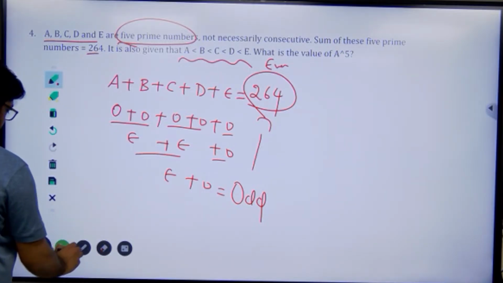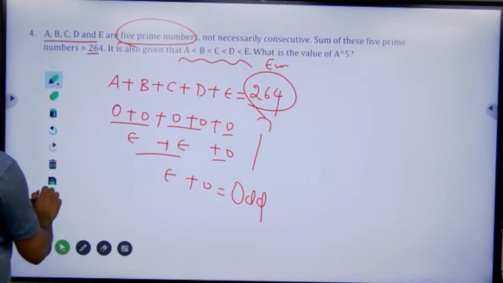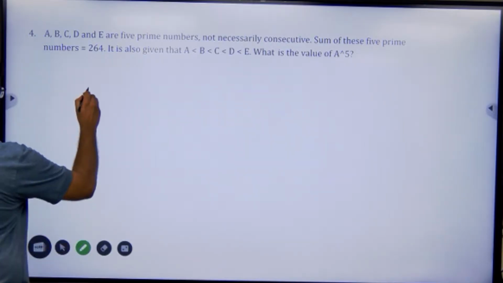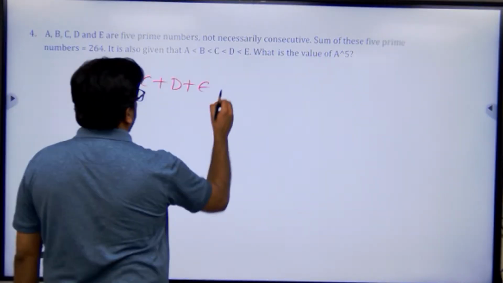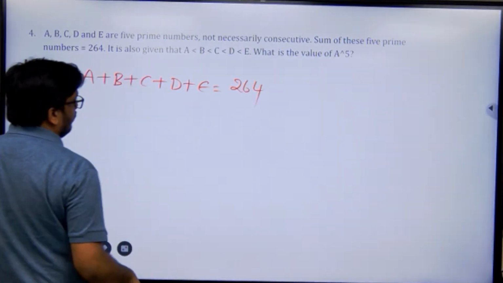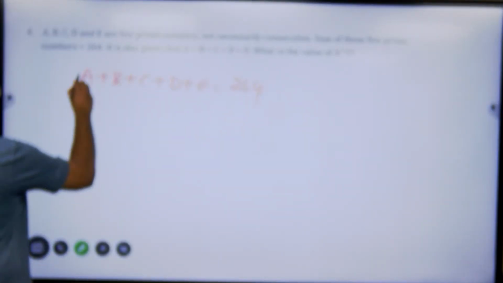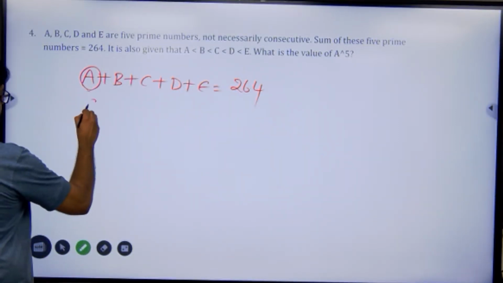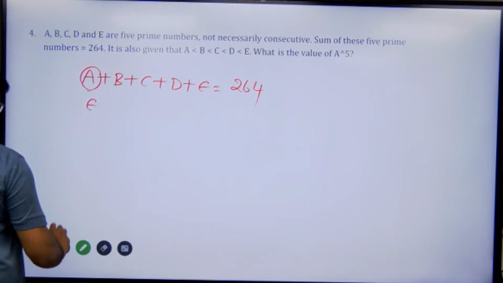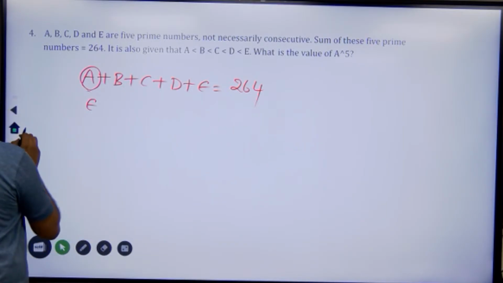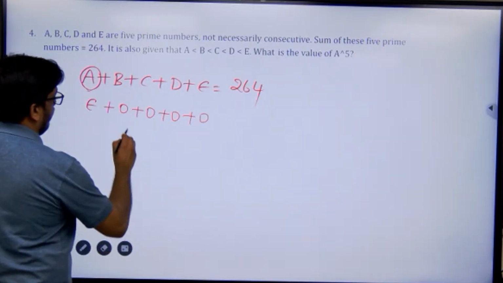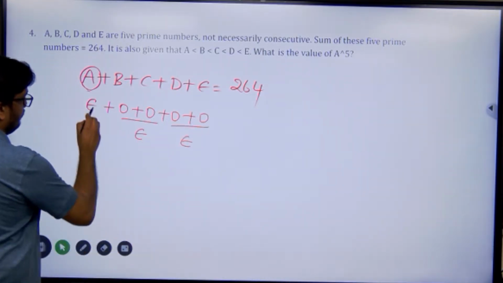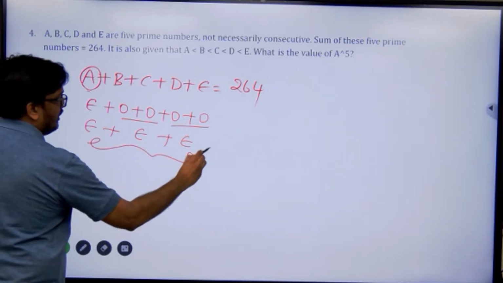If you take any one as even, and the rest odd, then odd plus odd is even, odd plus odd is even, and everything is even, so the answer will be even.